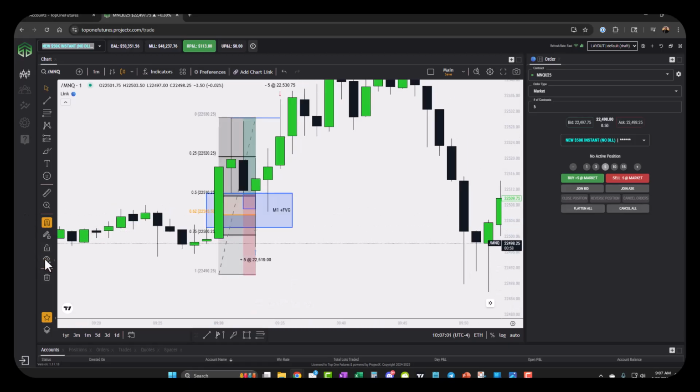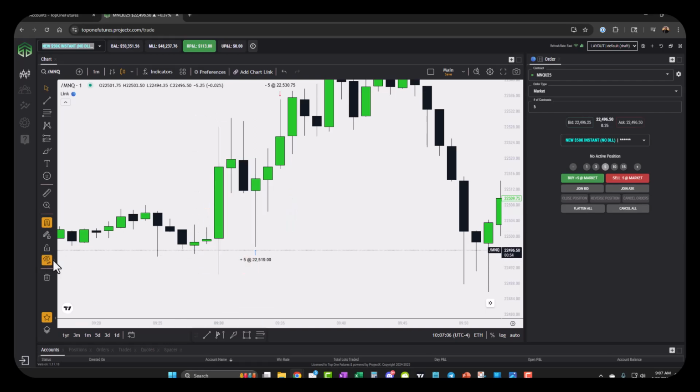So if I put that back on, there's the 1-minute fair value gap I have drawn in because it does encompass the 9:30 candle, which is not a valid use of first presentation, in case you're curious. So this is one thing that some people may or may not get wrong, but it is still something you can use to base your trade off of because it is still a fair value gap in the market, and the algorithm's going to look at it.